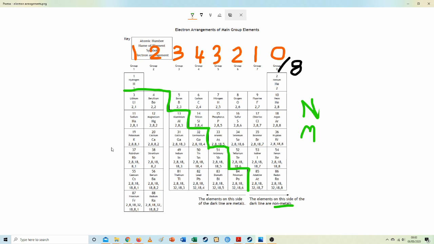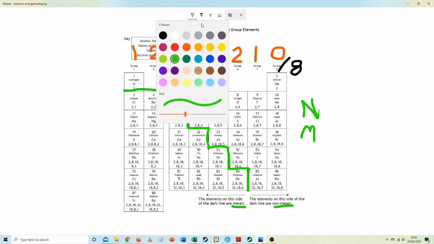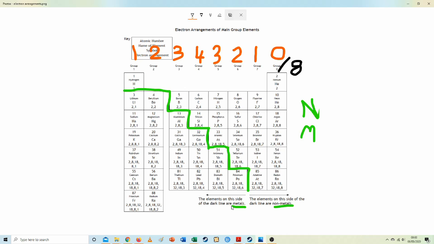And these are all our metals over here. I could even change that to a nice silver so that we can see that those are our metals. So if we've got hydrogen, the valency of that hydrogen is 1, and if we've got a fluorine, the valency of that fluorine will be 1 as well. The valencies of these ones are slightly different.